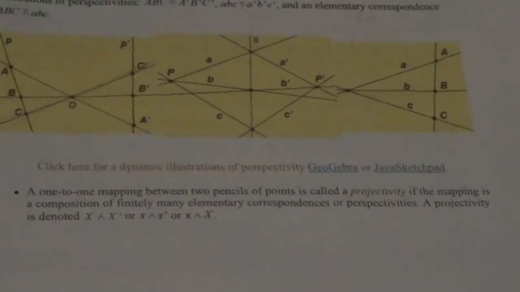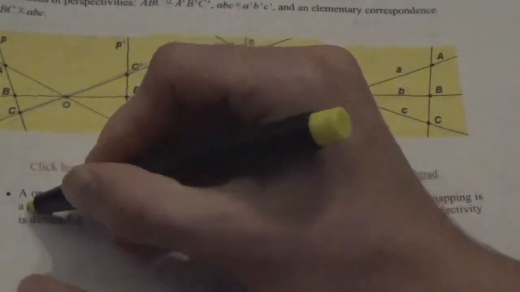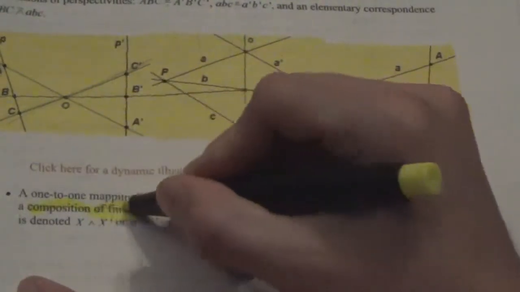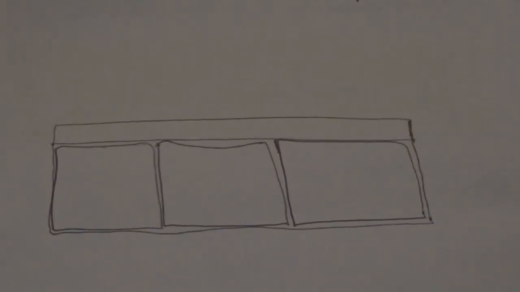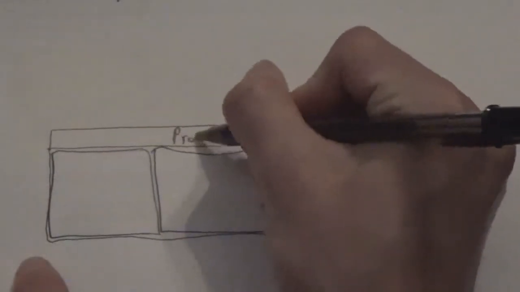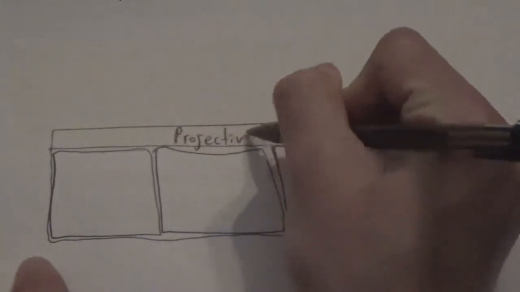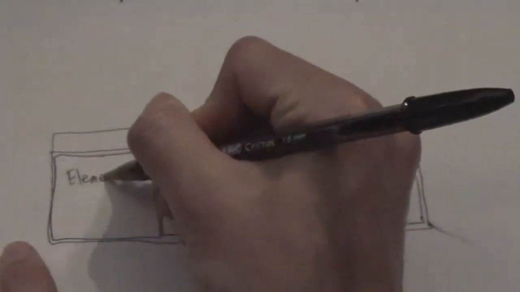You can see that it is a composition of, and I'm going to highlight this, this is really important, a finite number of elementary correspondences and perspectivities.